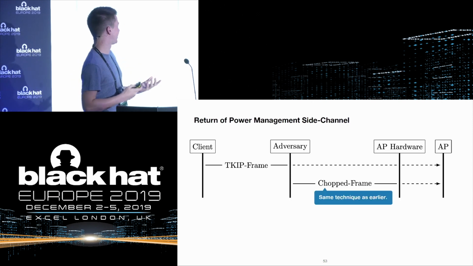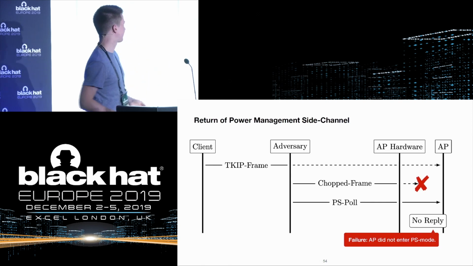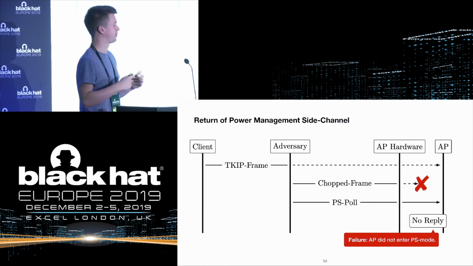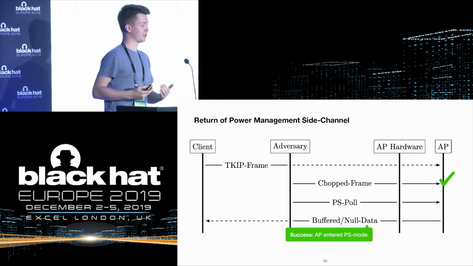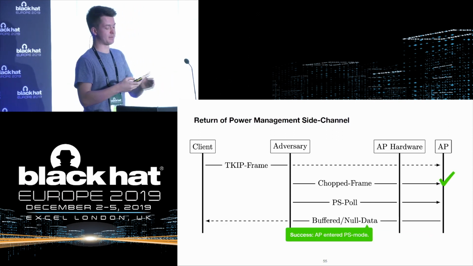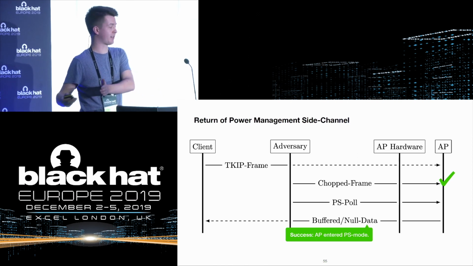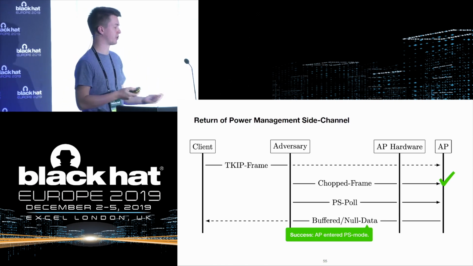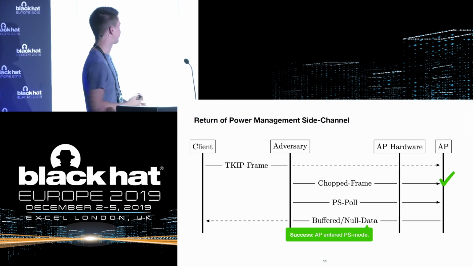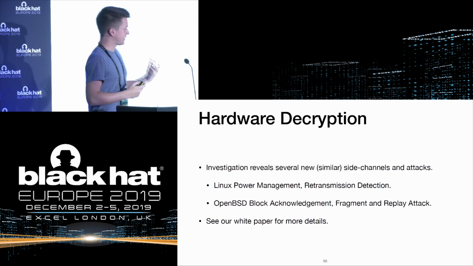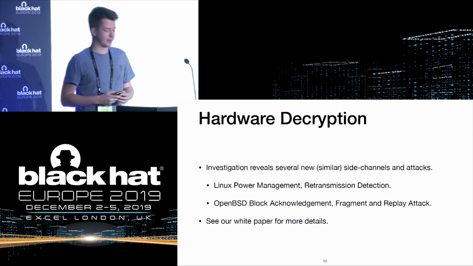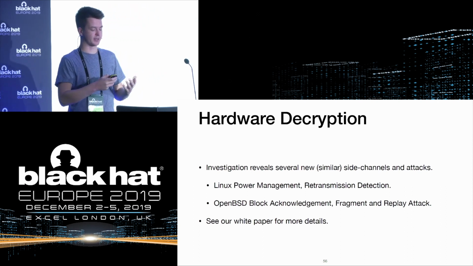So very similar to before, we can send our shop frames, and if it's dropped, we will not receive a reply. However, if it is passed along to the operating system, then it means that the client will enter power save mode, and we can use our power save poll to retrieve this data. So these hardware decryption features are also very useful for constructing these side channels.